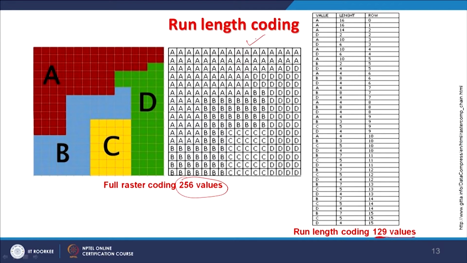So, instead of that, if we code in run length coding, then we will end up with only 129, and that means we are getting rid of redundancy, and further that also means that we are achieving compression. But this is a very small size image. Many times we handle really huge size images, and therefore, reducing from 256 to 129, we can achieve very high compression, almost half.